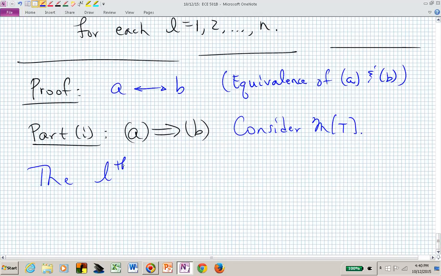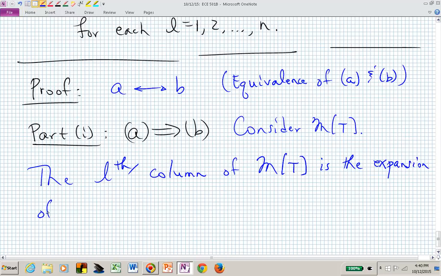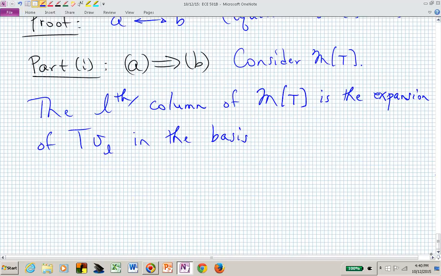That means that the nth column of this matrix representation of T is the expansion of T v sub L in terms of the basis that we are using. And the basis that we are using, this was given in our proposition, that's V1 through V sub n.